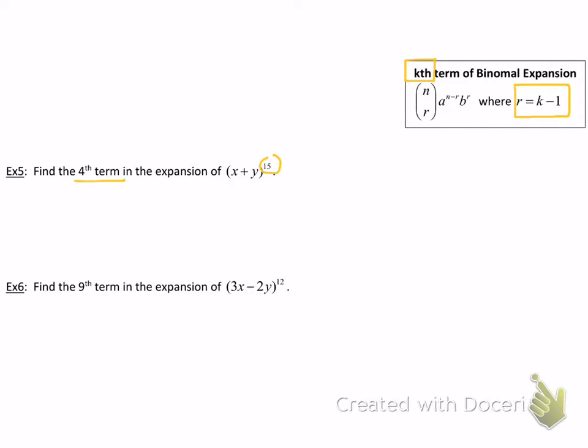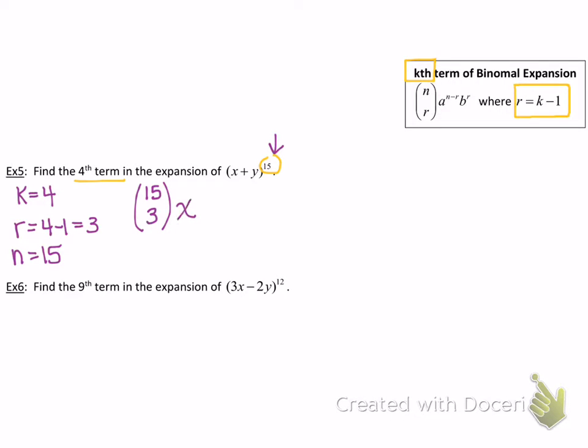So let's put this in a problem. So the first thing I'm going to identify is say, okay, well, k is 4 because I'm asking for the 4th term. Therefore, r is going to be 4 minus 1, which is 3. And we know that n is 15 because that matches the exponent on the binomial that I'm beginning with. So n choosing r, which is 15 choosing 3, is the coefficient of the 4th term.